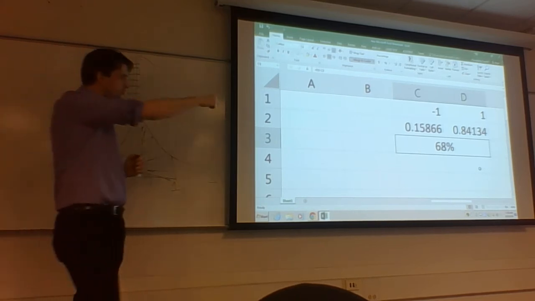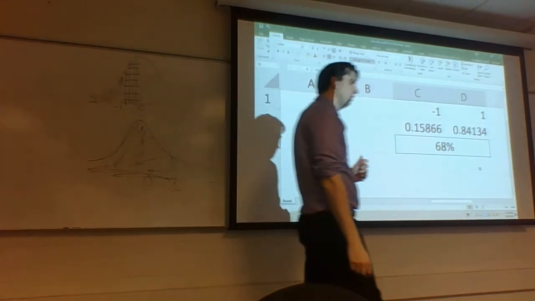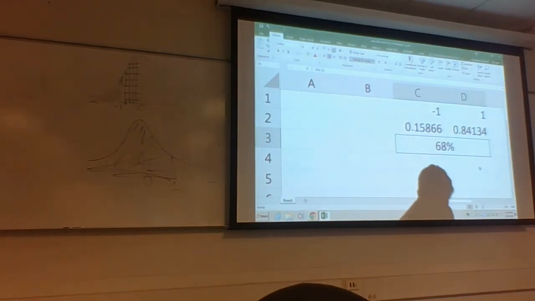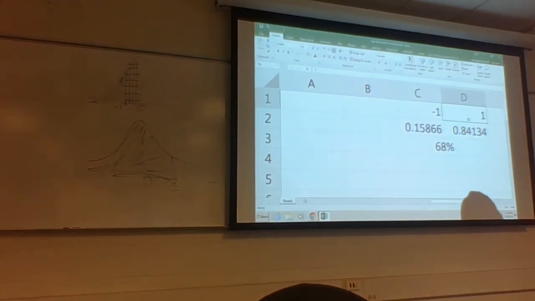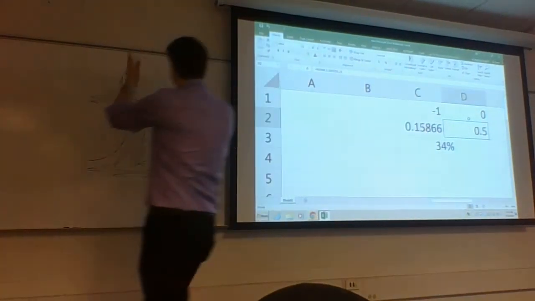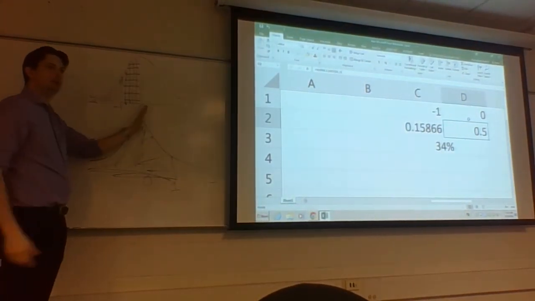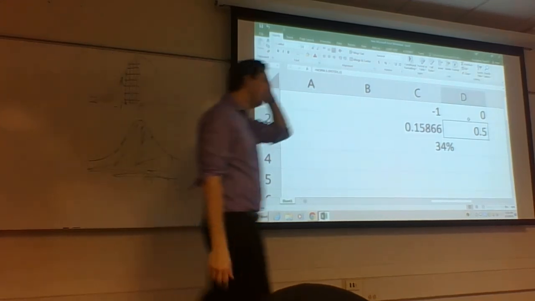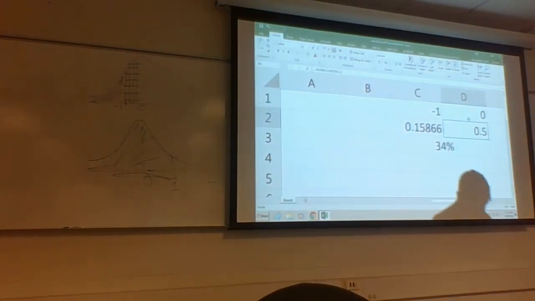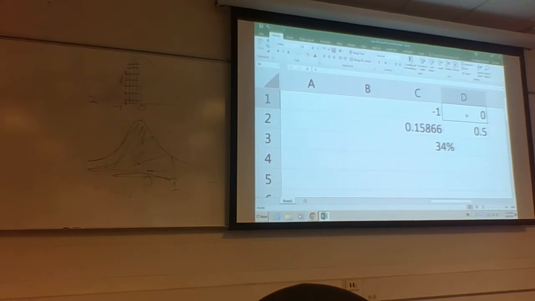Did you just put in the 0 for the 1? Well, one standard deviation is 68 for 1. That makes sense, right? As you point out, if this is 68, half of that must be 34. We can do the same thing if we put in this is 1, and this is 0, we get 34 again.